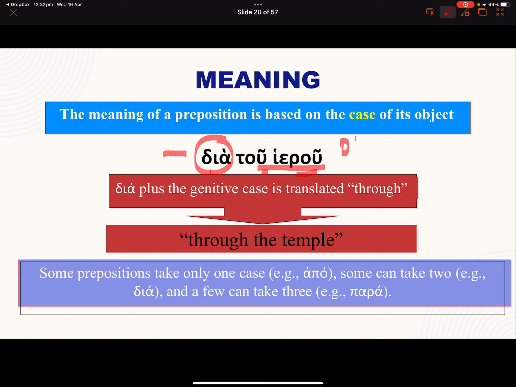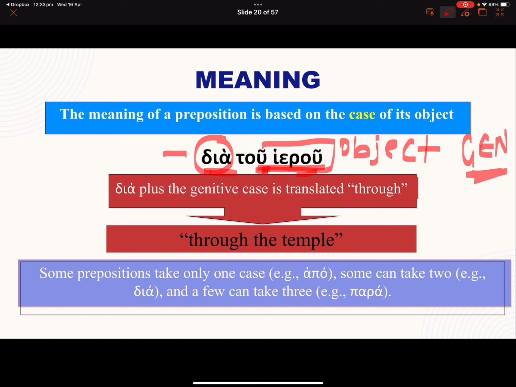It's the object of the preposition. And you'll notice that this object, tu, we know that oo sound, if you think about your nouns, is going to be our genitive, isn't it? So the thing which is coming directly after the preposition is in the genitive case.